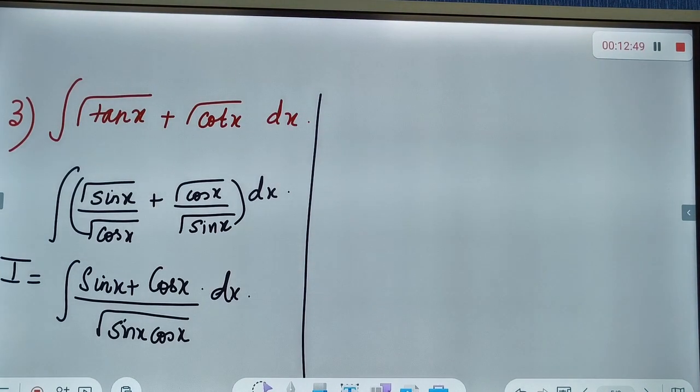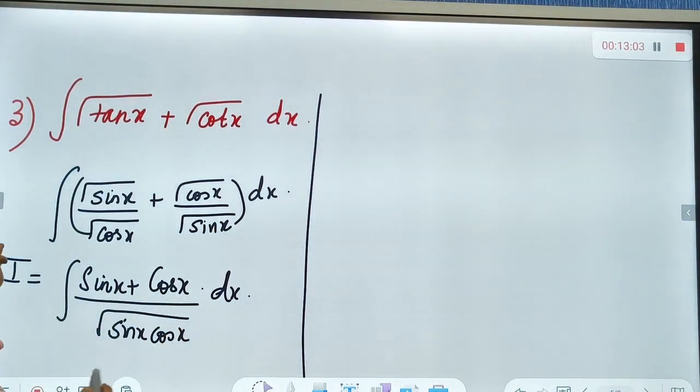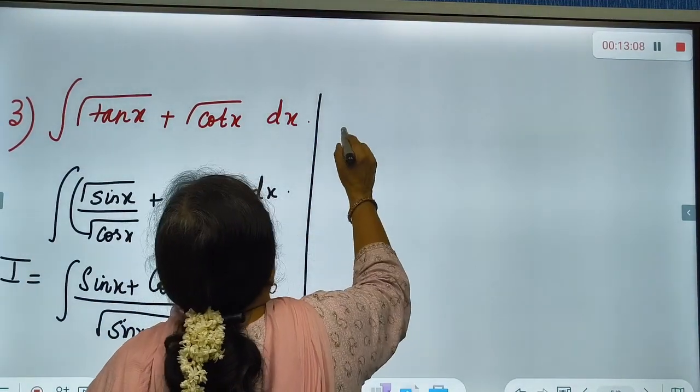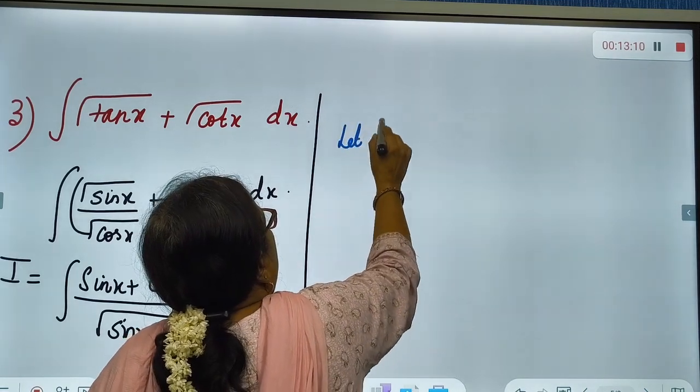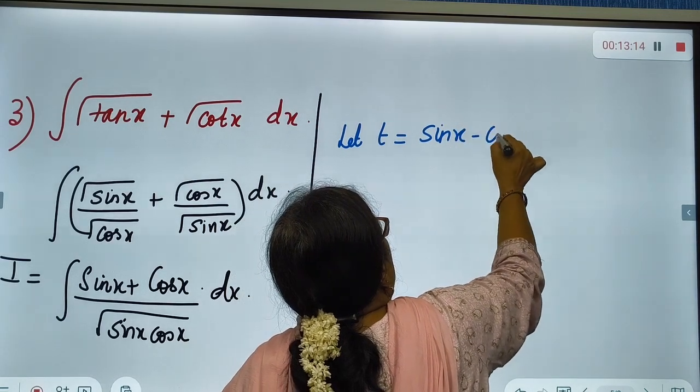Now the idea, one of the important techniques we are using is, in order to use integration by substitution, we have to choose whatever. If I want to write something as t, then I should have the derivative. So if this is the derivative, then what should be my choice of t? Let t, suppose I write it as sin x minus cos x.